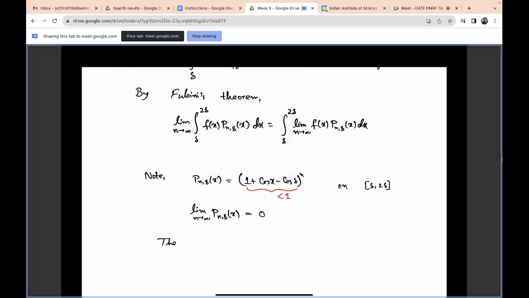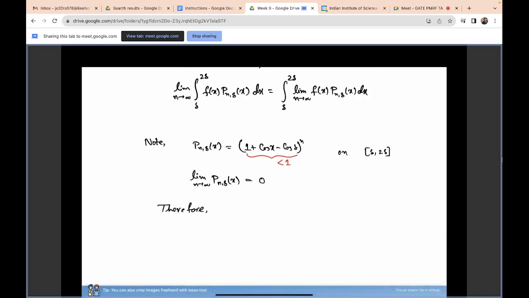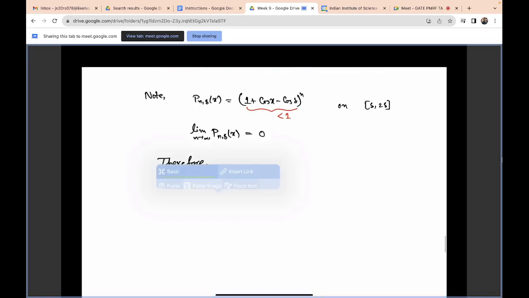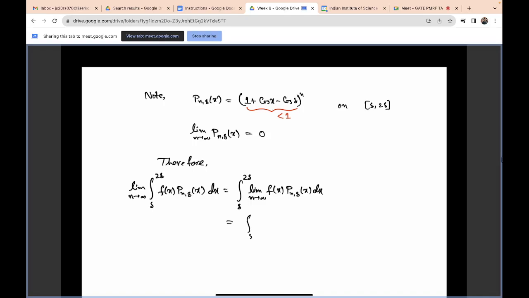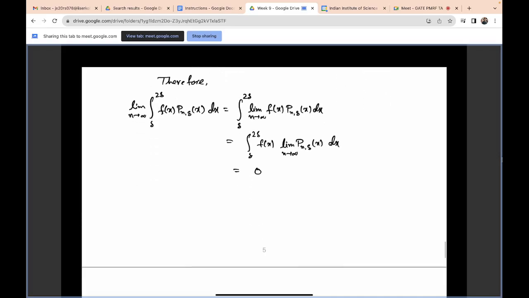So therefore this one is the integral from delta to 2 delta of f(x) times the limit of P_n,delta(x) dx, and the limit of this quantity is 0, so overall we get 0. So what is the final result?